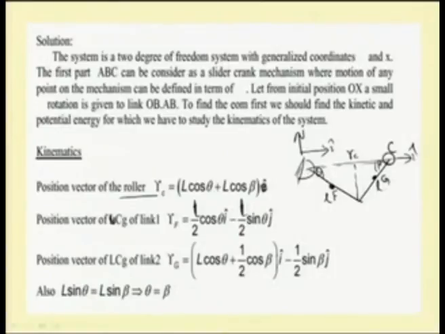It will be this plus this distance: L cos theta plus L by 2 cos beta I minus L by 2 sin beta j. We know L sin theta equals N sin beta. So theta equals beta.